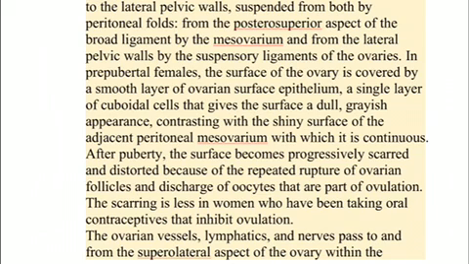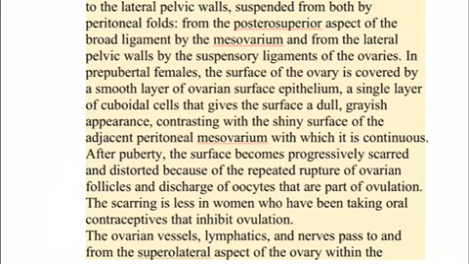The ovaries are suspended from both the lateral pelvic walls by peritoneal folds. The ovaries are suspended from the superior aspect of the broad ligaments by the meso-ovarium, and they are suspended from the lateral pelvic walls by the suspensory ligaments of the ovaries.